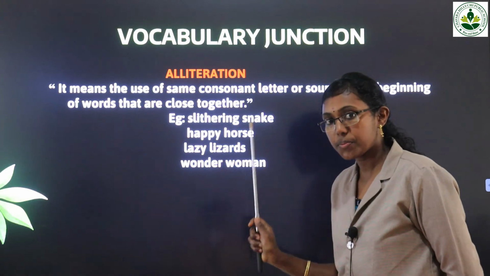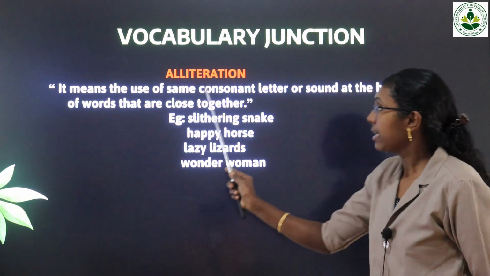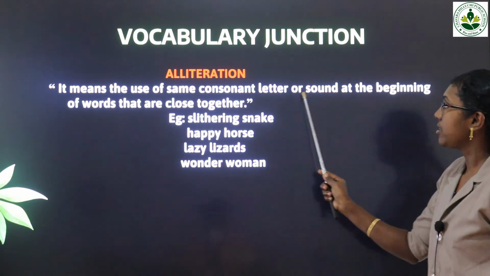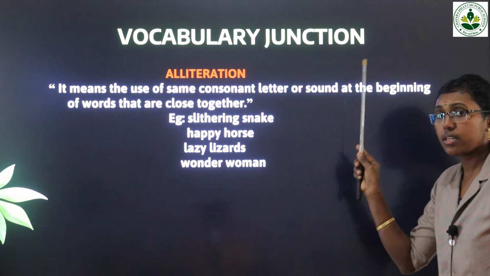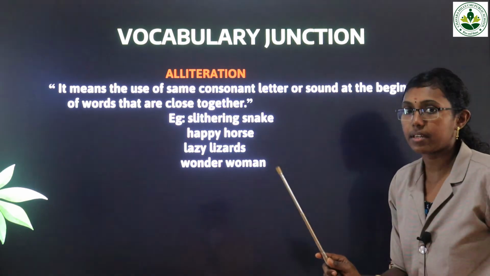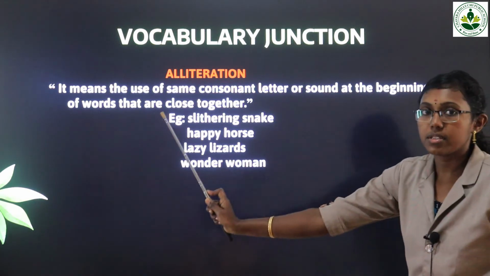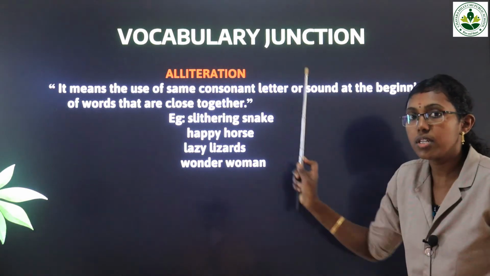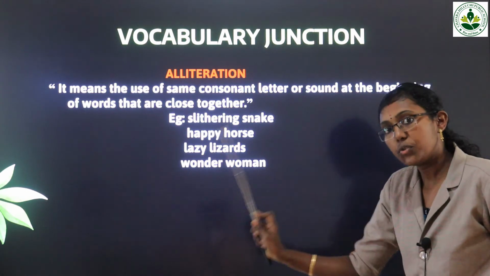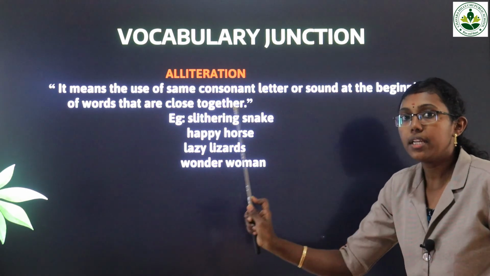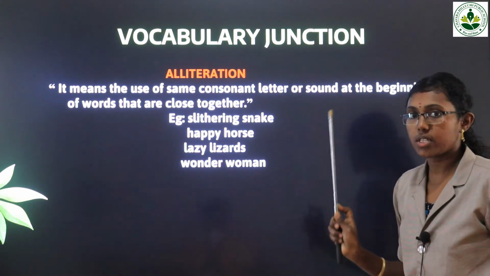So, what's the first point? We are using the same consonant letter or sound. Sometimes the letter will be different but the consonant sound will be the same. At the beginning of words means the beginning of a word has the same consonant. Two related words will be there, and they begin with the same consonant letter or sound.